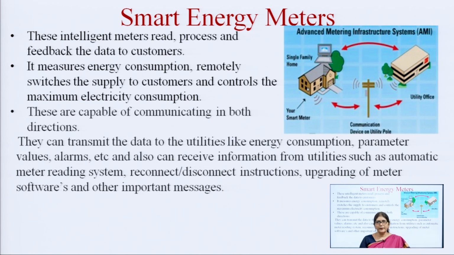The utility office can upgrade the software and connect or disconnect the meter by sitting at the office. Automatically all the data is transmitted to the utility office, and whatever action the utility office wants to take, they can take by sitting at their office only.